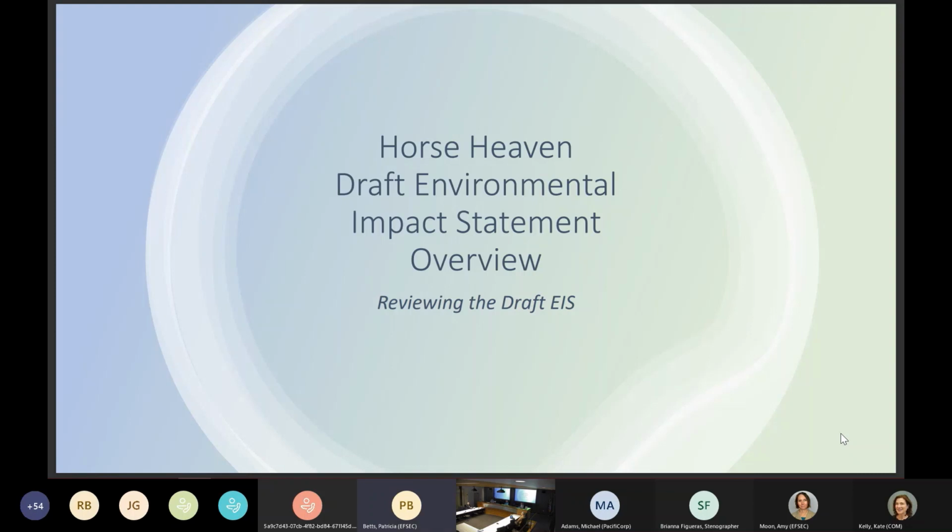It could trigger a supplemental EIS, or it could trigger an addendum to the EIS. It just depends on whether or not the proposal changes enough, or the additional impacts are new or greater, a large additional acreage, and maybe sensitive habitats, etc. All those factors are taken into consideration.